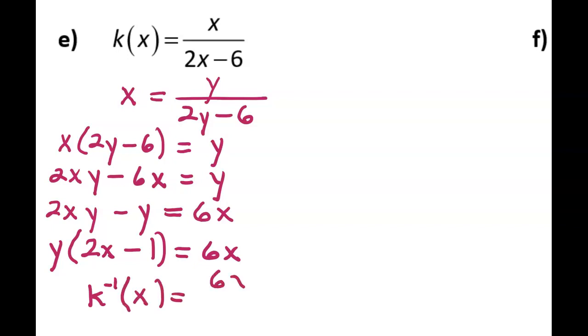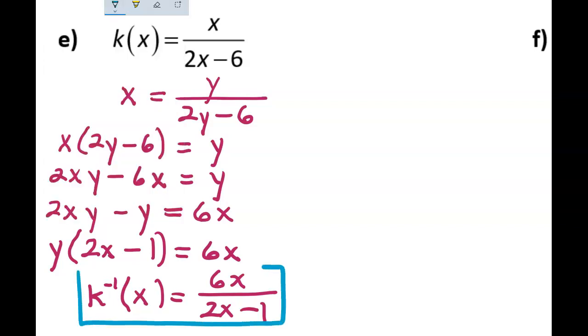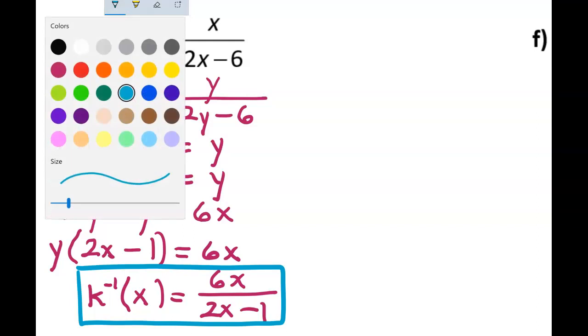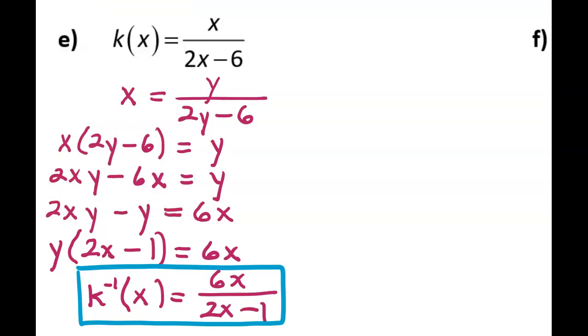So k inverse of x is equal to 6x over 2x minus 1. And that's our final answer for the inverse function. That necessary step of factoring out the variable that you're solving for if it appears in multiple terms, we did that when we solved equations for particular variables sometimes.